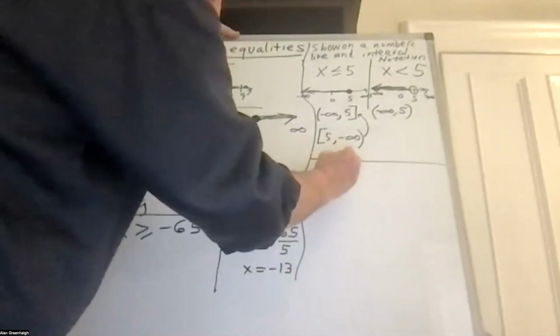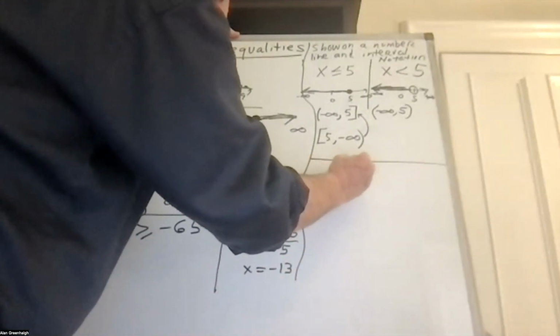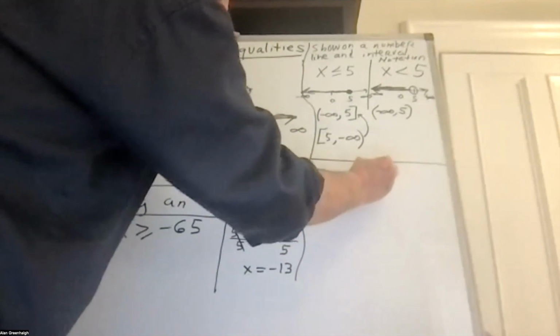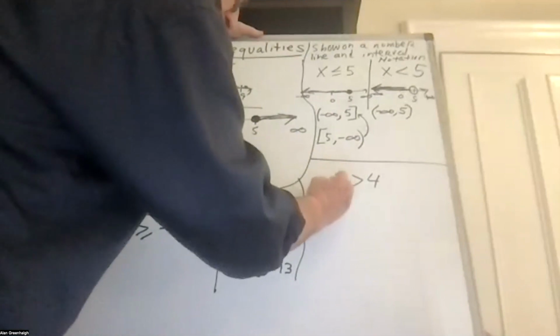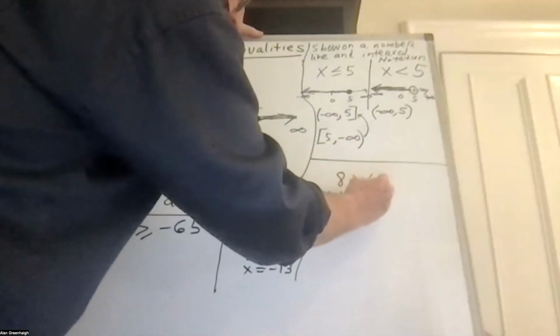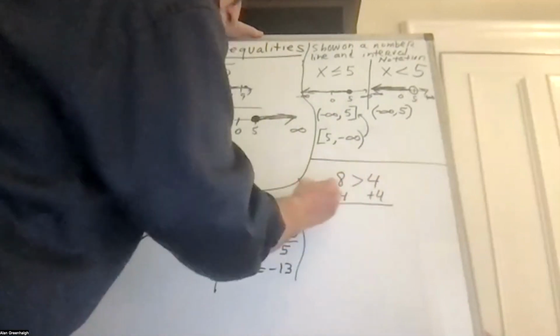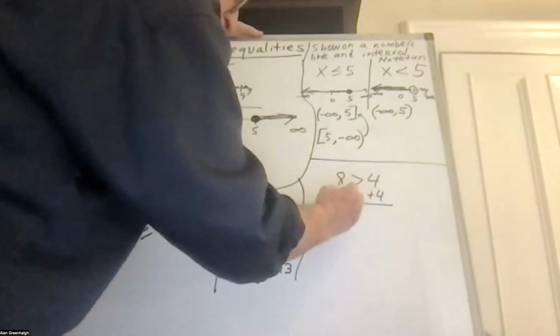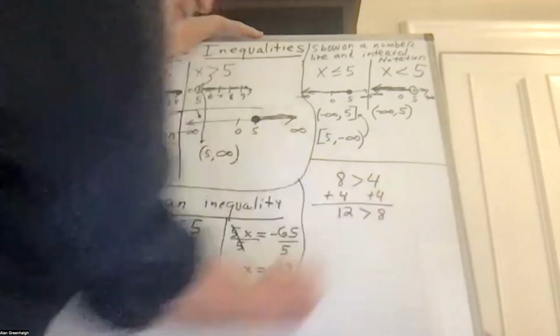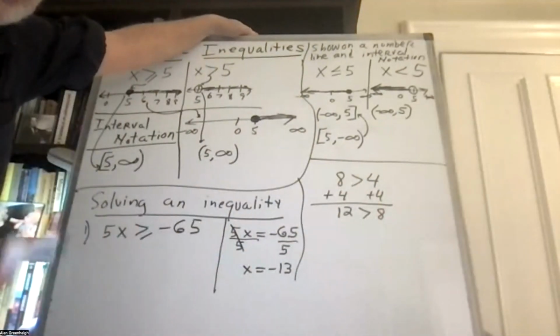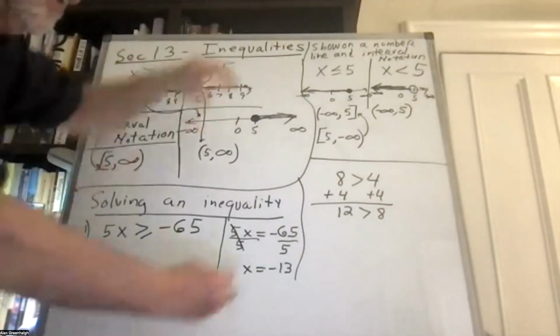Let's take a typical inequality. 8 is greater than 4. Can we add to an inequality? Is that going to change the sign in any way? 12 is greater than 8? Well, that's true. You could obviously add.